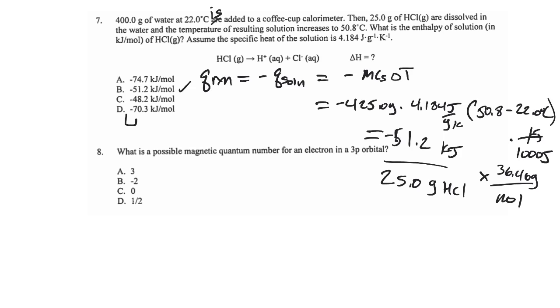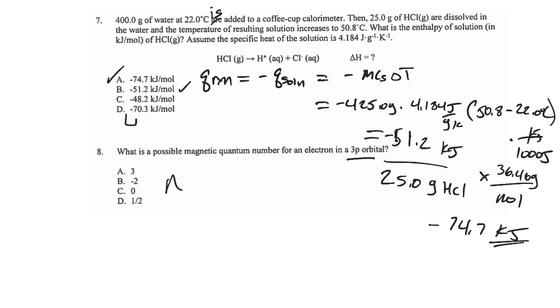So I'm going to divide 51.2 by 25 and then times 36.46 gives 74.7 kJ. So minus 74.7 kJs. So choice A.